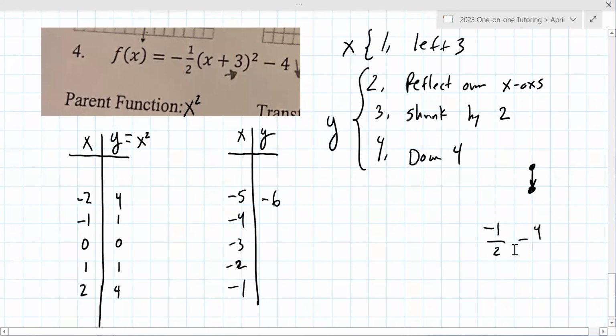And I don't know how you feel about that. I look at that as -1/2, -4, which then becomes -9/2.